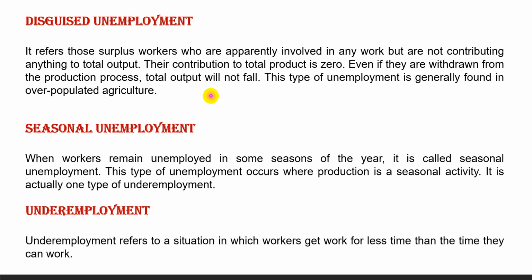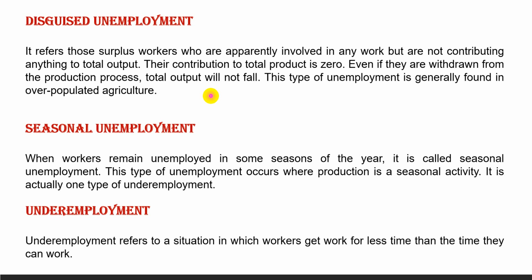The work can be done by 3 persons, 2 workers and the farmer himself. But his wife, his 2 sons, and 3 more workers are employed on the same plot of land, but the output is the same. So this is the case of disguised unemployment.